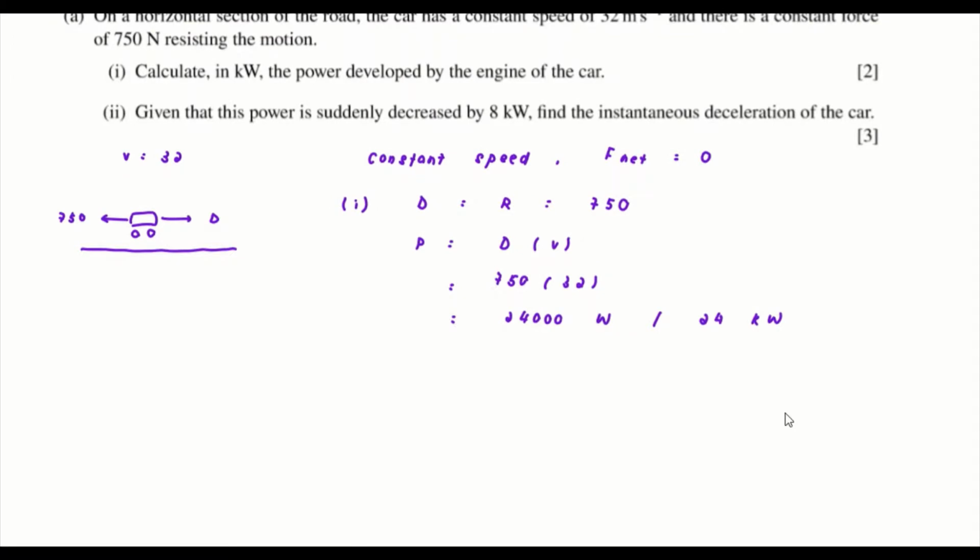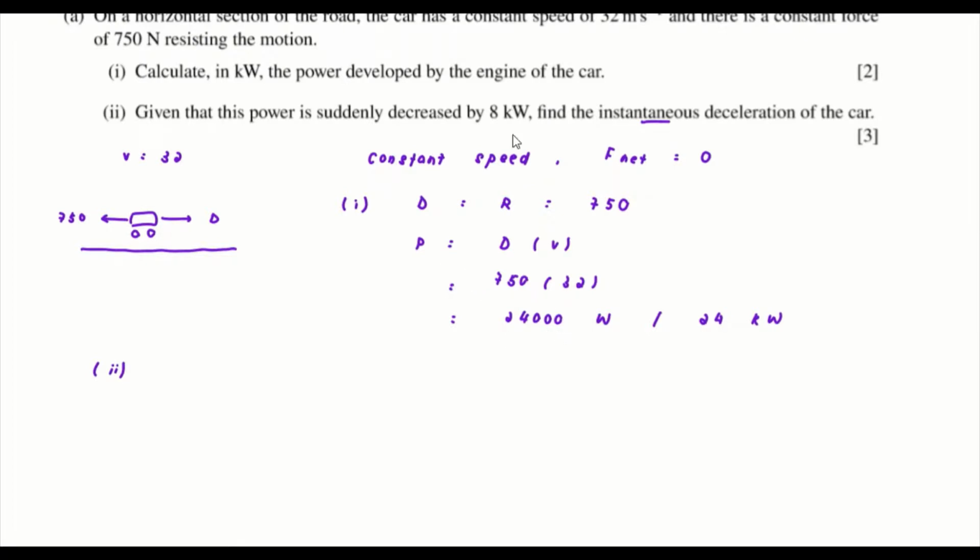Okay, part 2: given that this power is suddenly decreased by 8 kilowatts, find the instantaneous deceleration of the car. So what happened is at a certain instant, the power suddenly decreased by 8 kilowatts. So what is the current power now? Previously, the power is always 24000, am I right?